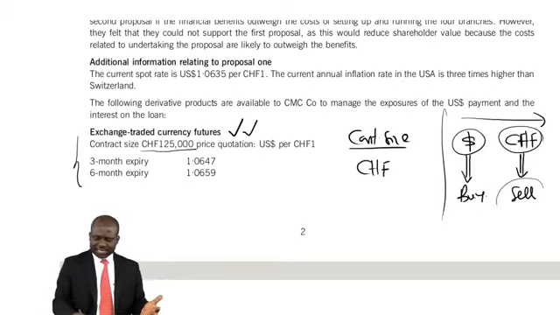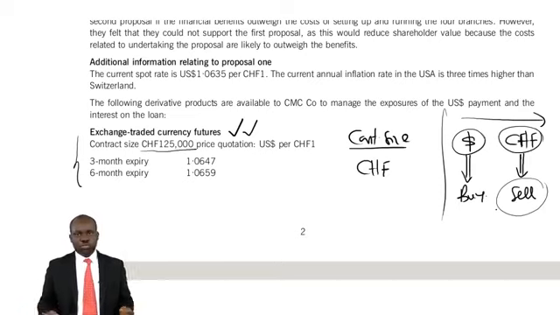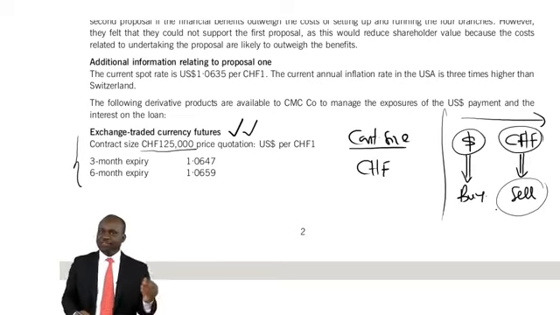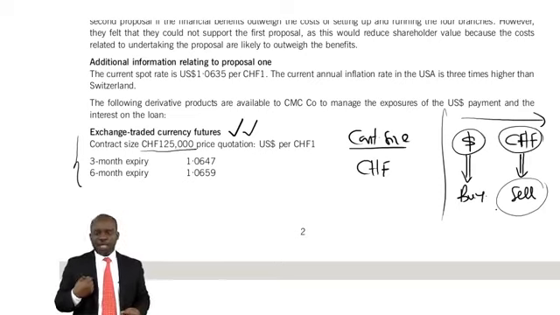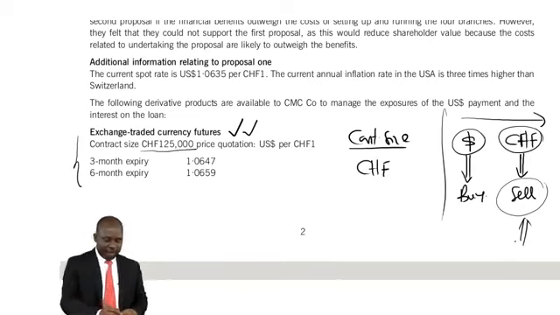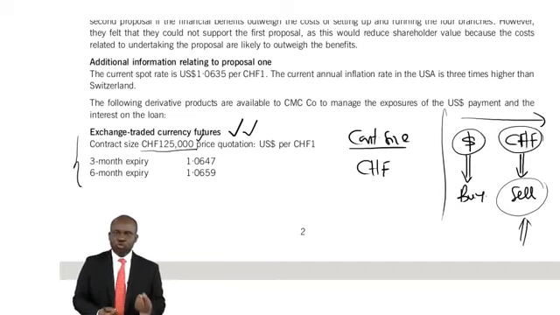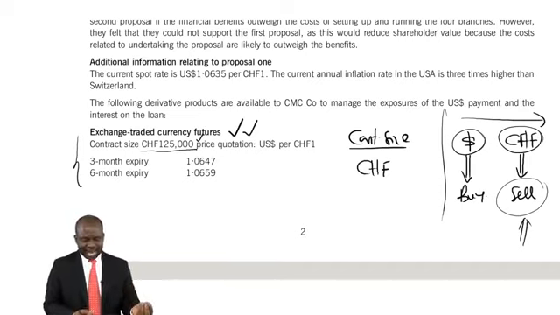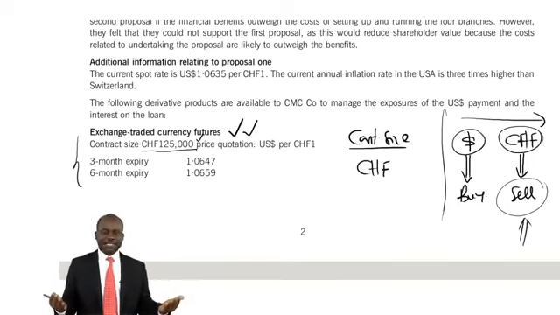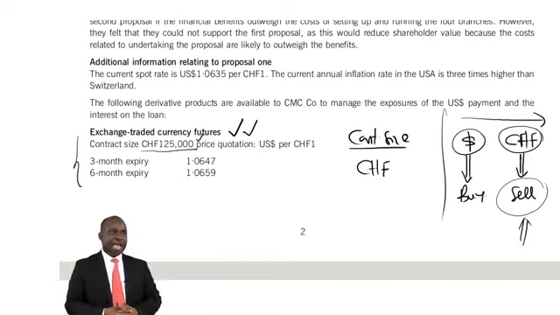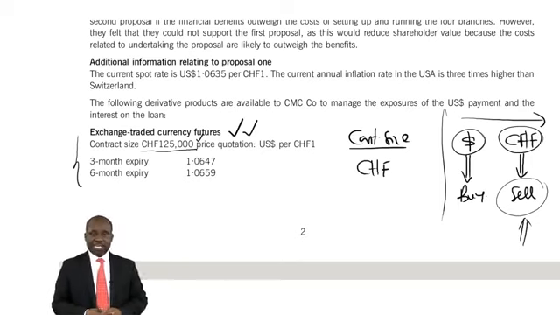And we've seen that CHF will be sold. Therefore, I need this futures contract that will give me the obligation to sell the CHF, because this is also CHF. So just look at what you're doing to the contract size currency. Here, the contract size currency is the CHF, and as such, you will want the obligation to sell it.